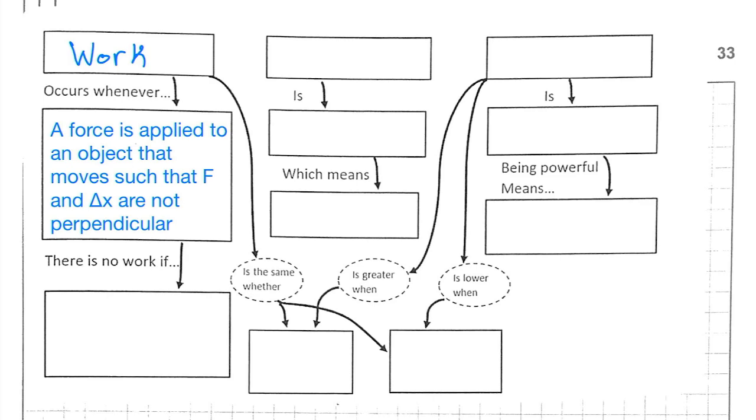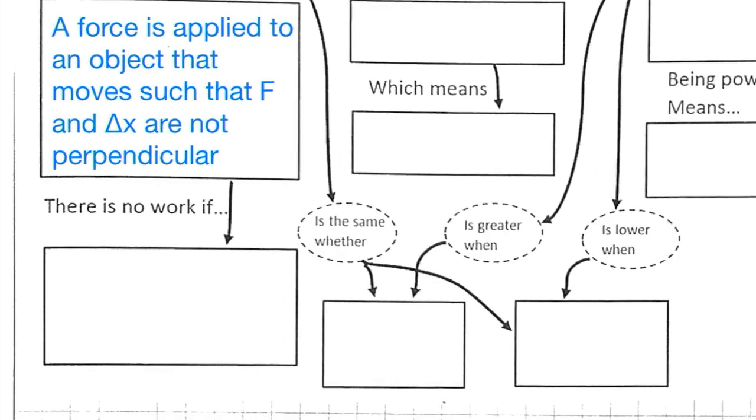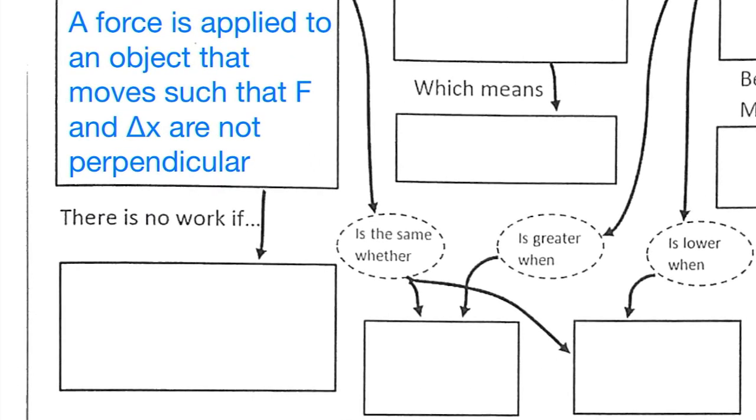So there's really like 3 conditions under which you will have no work that is done. If you have a force which is equal to 0, you have no work done. Or if you have no displacement, you have no work done.